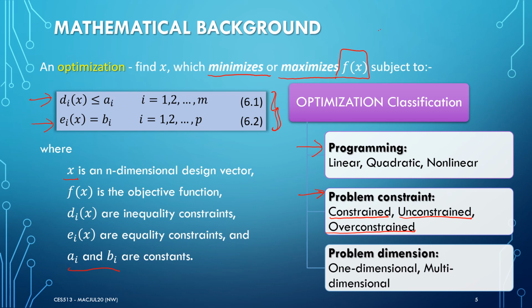The last classification is based on the dimensionality of the problem. We have one-dimensional problems or multi-dimensional problems, which are two or more dimensions. One-dimensional problems involve functions that depend on only a single dependent variable, while multi-dimensional problems involve functions that depend on two or more dependent variables.